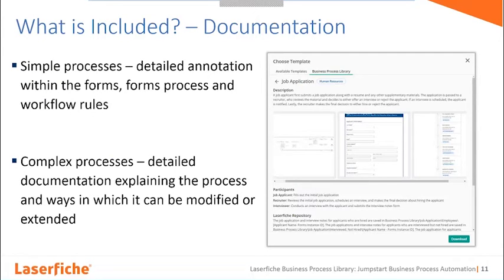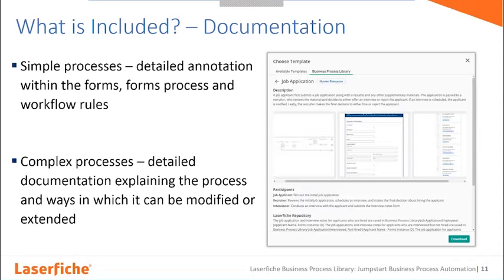Lastly, to help explain what business process the template involves, our processes all have a details page which explains what the process flow is, who the process participants are, what the default folder structure is, and so on. Katie will show a little more on this later as well.